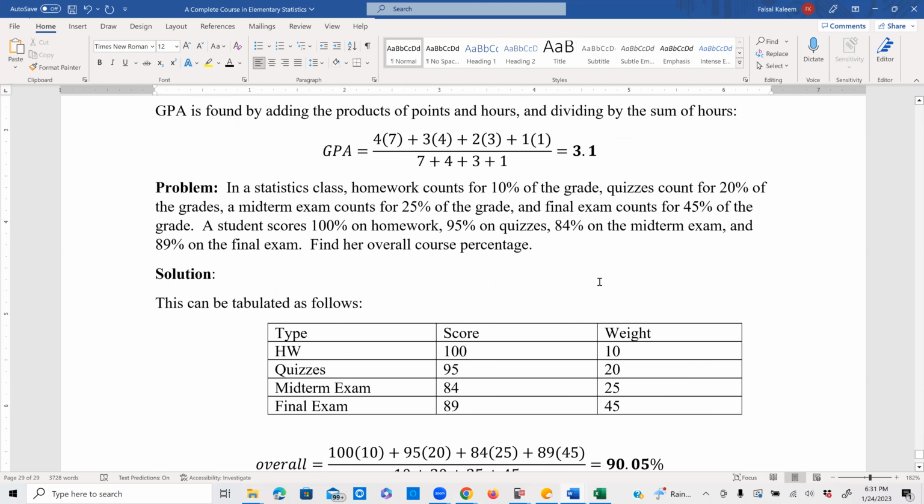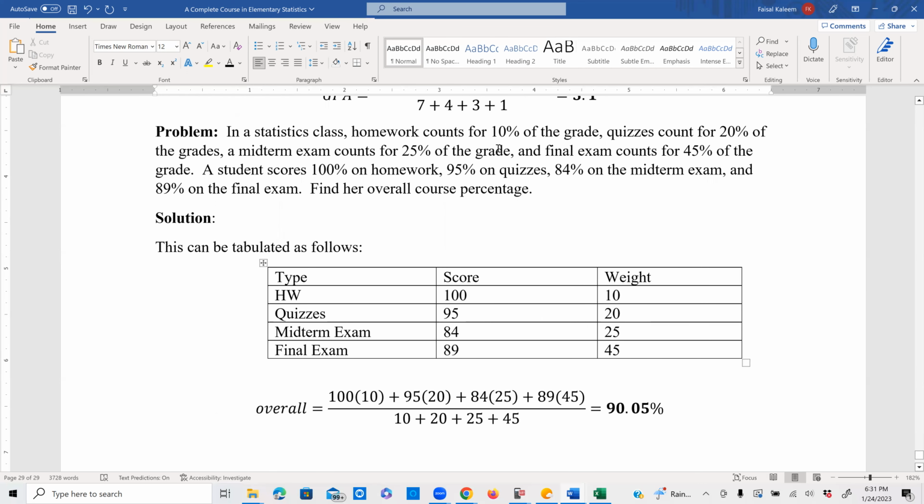Next problem, in a statistics class, homework counts for 10% of the grade, quizzes 20%, midterm exam 25%, and final 45%. A student scores 100% on homework, 95% on quizzes, 84% on midterm, and 89% on the final exam. Find her overall course percentage.